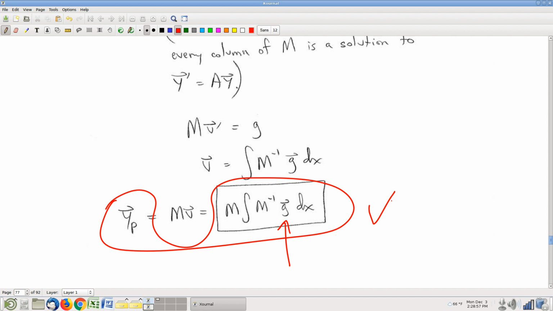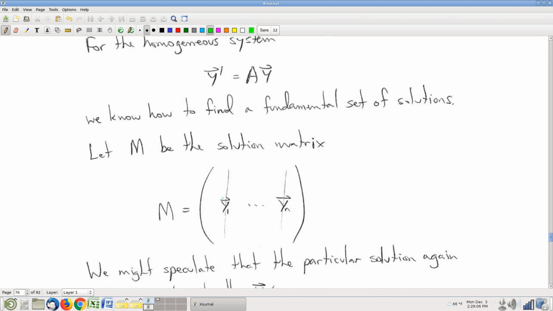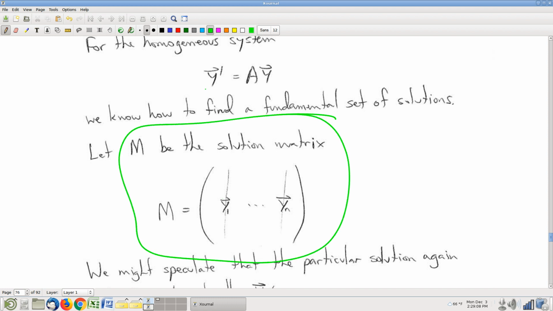And it's really nice, really convenient. By the way, notice the use of this matrix M. M is the fundamental solution matrix to the original homogeneous system. It's the same M that we've previously talked about.